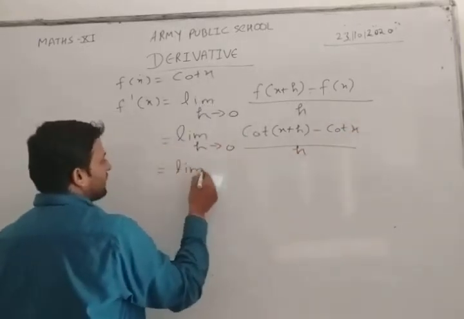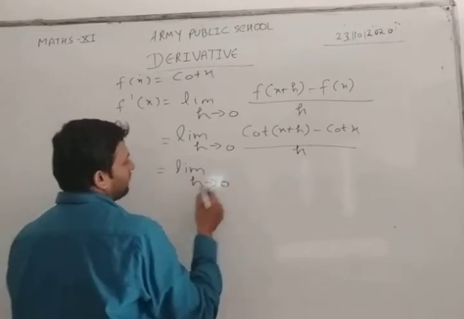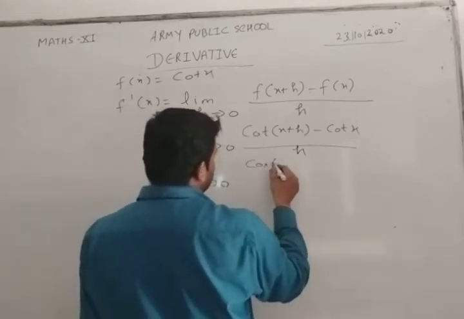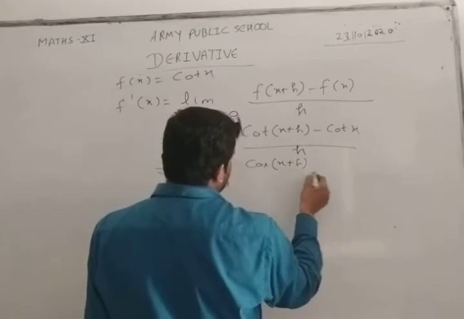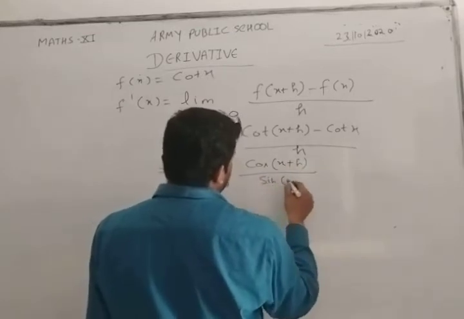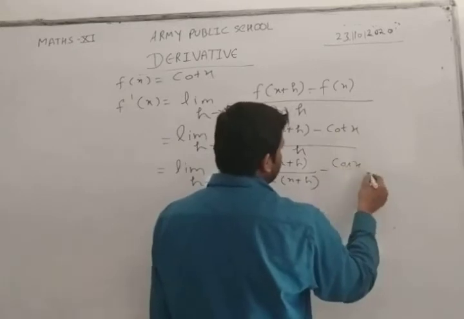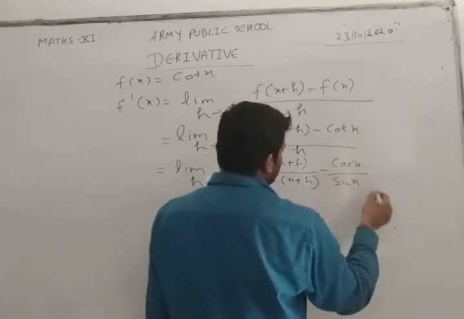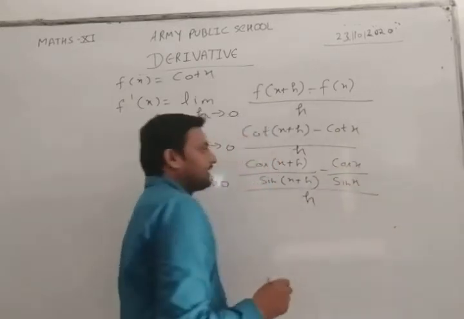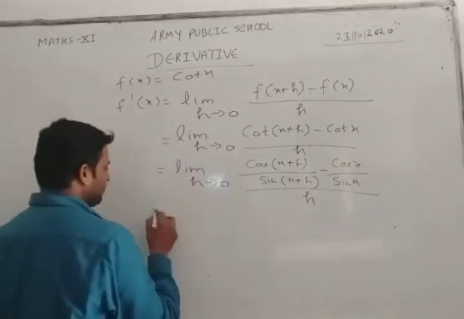So limit h tends to 0, this can be written as cos(x+h) by sin(x+h) minus cos x by sin x, by h. Now take the LCM.